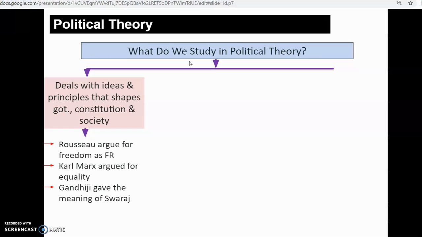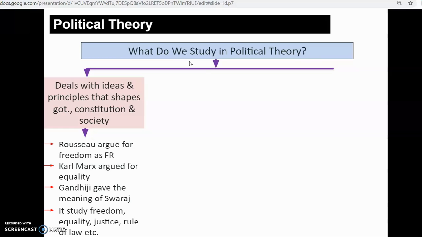There is no colonial master who comes from another country and starts ruling you, right? So there are a few more ideas like freedom, equality, justice, rule of law, and there are many philosophers who put forward their theories in favor of these rights, right? As you already know, our society is changing, right?